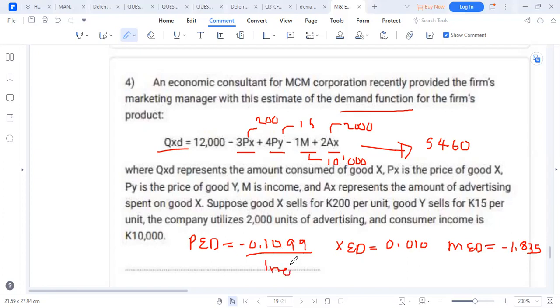Inelastic. How about cross price elasticity? It's a substitute. How about income elasticity of demand? It's an inferior good. Very good.